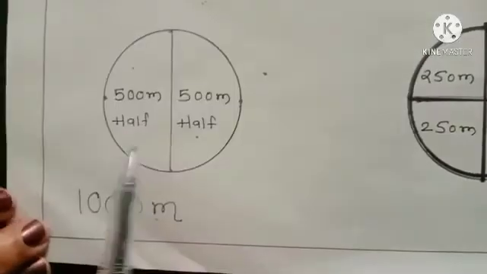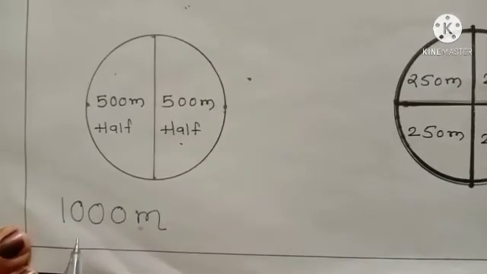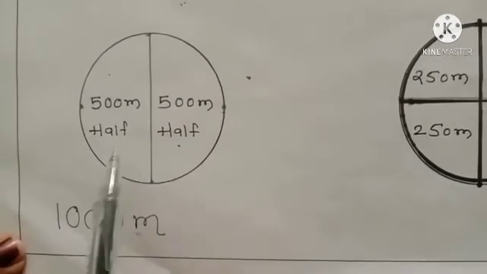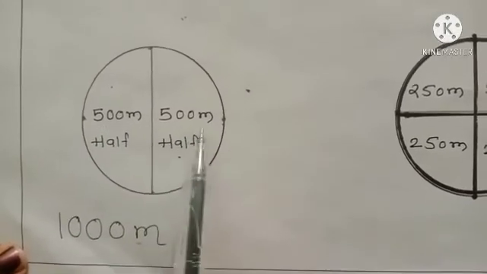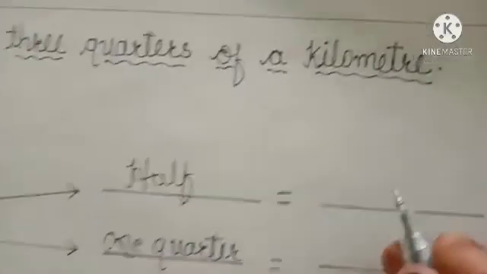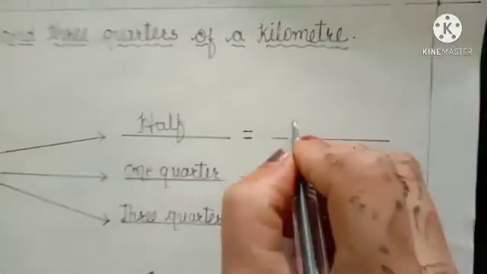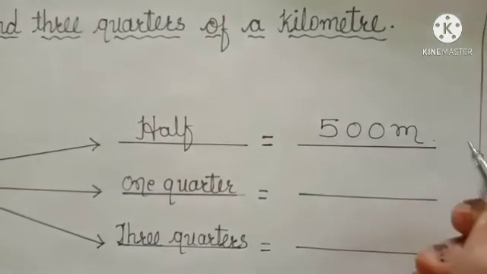You can see over here in this given figure, I have distributed this 1000 meter into half, two equal parts. So it will be 500 meter and 500 meter. So half of this 1000 meter is 500 meters.